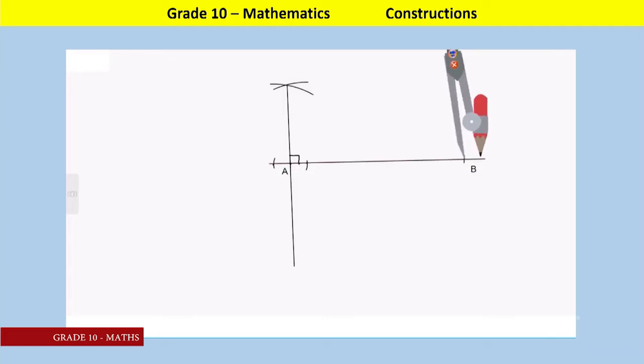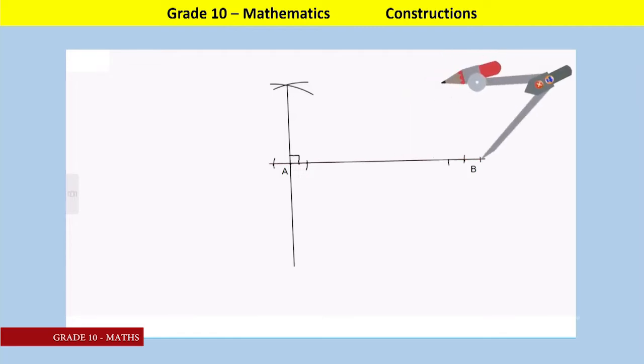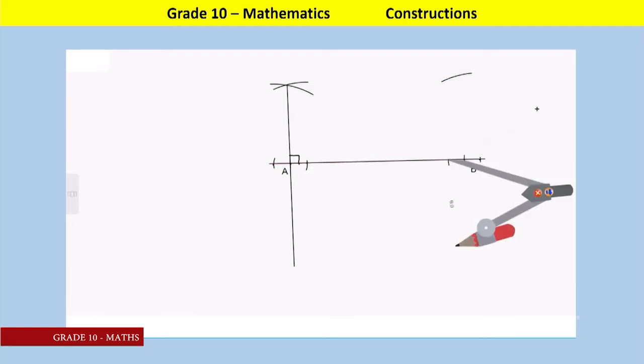Take any radius, keep the steel point on B, draw an arc to intersect the line, don't change the radius, draw an arc to intersect the line. Just as earlier, keep the steel point on the new point, construct an arc just as earlier. If you want, you can change the radius. Jump to the new point, draw an arc.